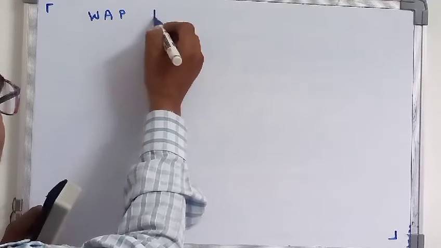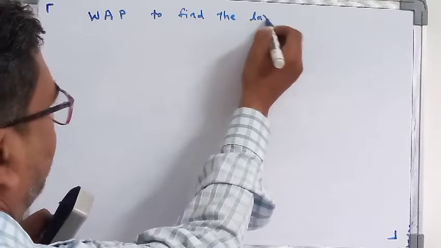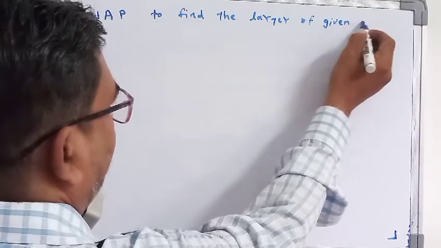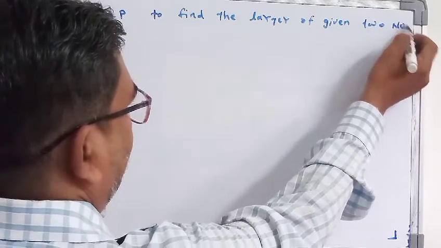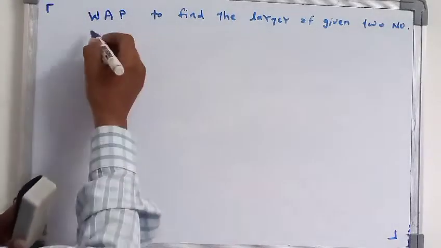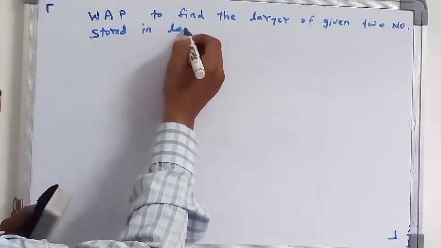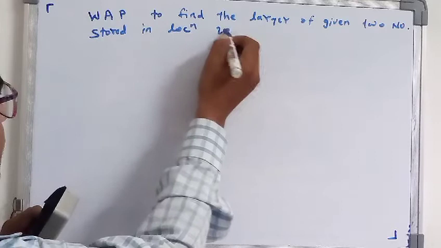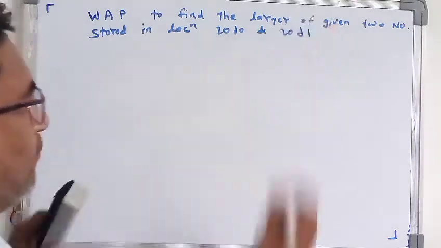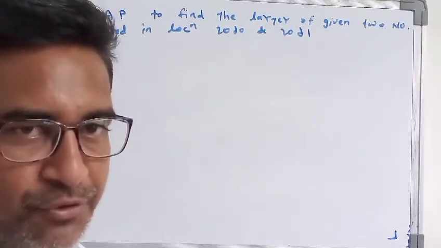Write an assembly language program to find the larger of given two numbers stored in locations 20D0 and 20D1. In those addresses the numbers are stored.